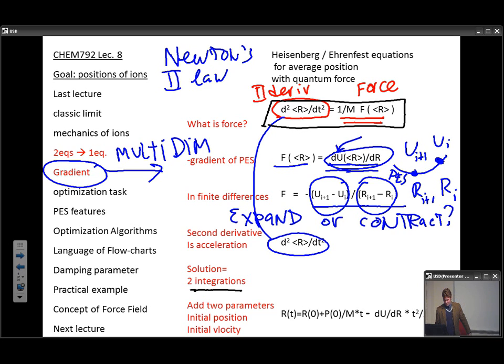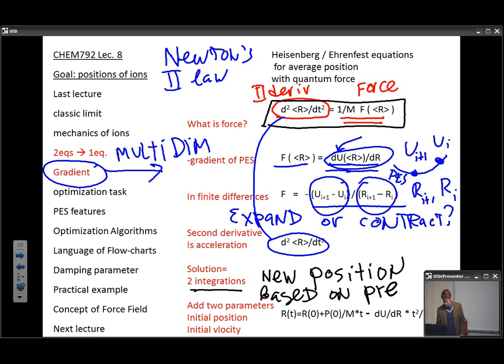And by integrating this equation, one can obtain, as a result of the solution, the new position based on the previous position. So it is a new position after time interval t.